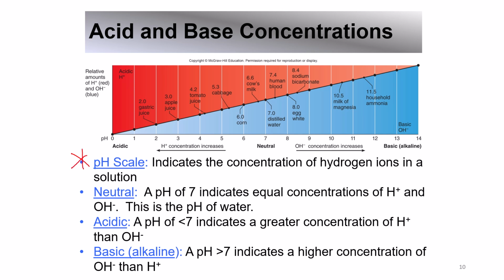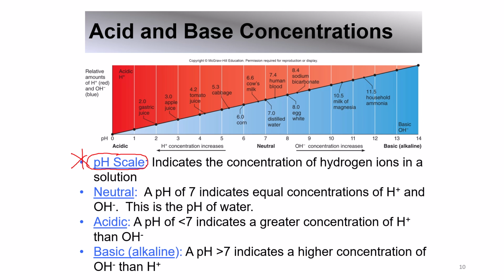All right, next, know the pH scale. pH scale actually refers to the amount of hydrogen ions in the solution, whether we're looking at the acid or the base, but it's in its negative logarithmic scale, meaning the lower you go in this pH scale, the more acidic it gets, and the higher the hydrogen.